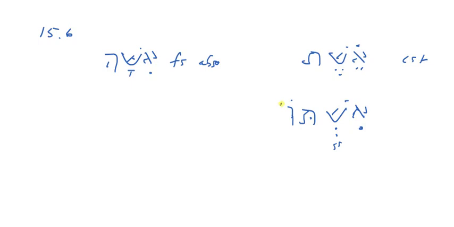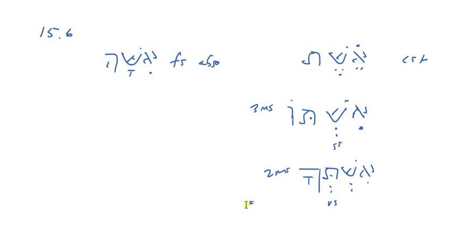So this is the wife of him, his wife. If I want to say your wife, it's isht, and then I add the kha ending with the vocal shva there. Ishtekha, your wife. That's a 2ms pronoun. This one's 3ms pronoun here. Okay? So that's what happens with a form like isha.